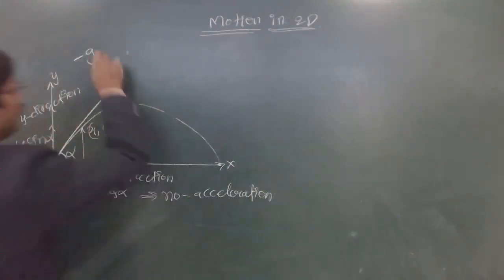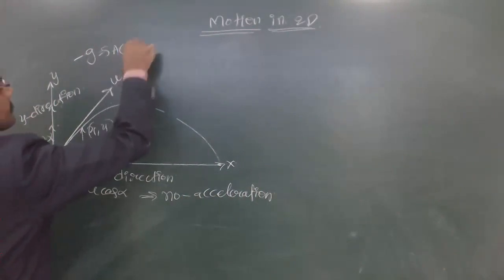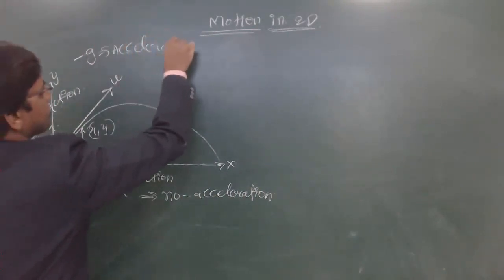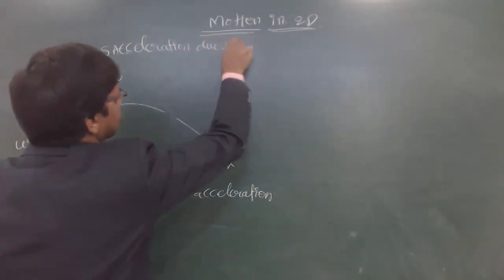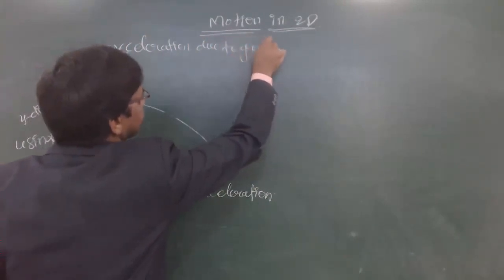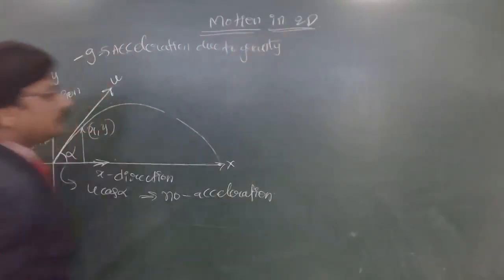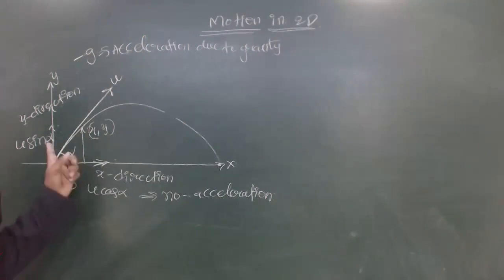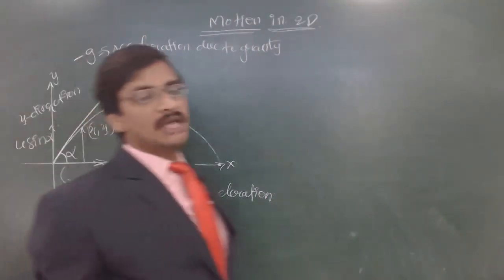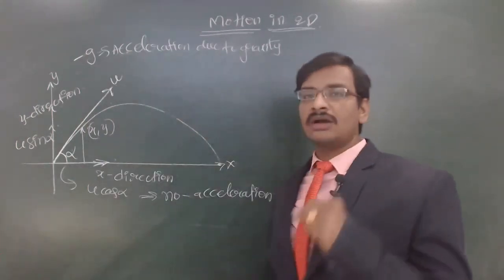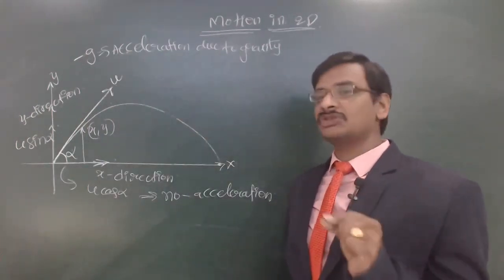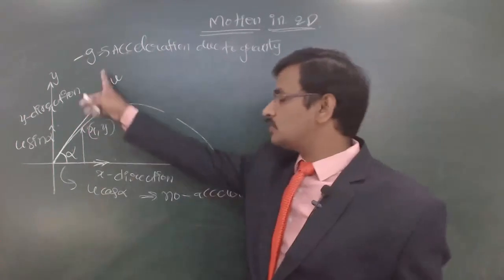And here, acceleration due to gravity. So this is actually dragging against the velocity. Hence the vertical motion needs to be considered as motion under constant acceleration, the rectilinear motion under constant acceleration whose magnitude is minus g.